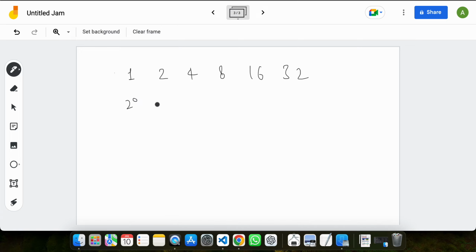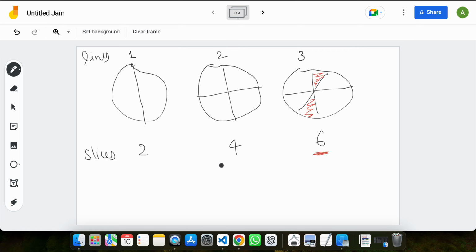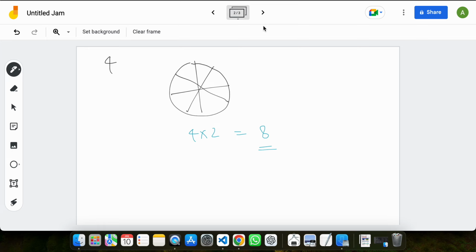It is 2 to the power 0, 2 to the power 1, 2 to the power 2, 2 to the power 3, 2 to the power 4 and 2 to the power 5. For all slice counts which are some power of 2, we have to give output as 0, as we have seen here. All the slices have the same area for 2 slices and for 4 slices, as these two numbers are powers of 2. And in this case it is also a power of 2, so we will get 0 as our answer.